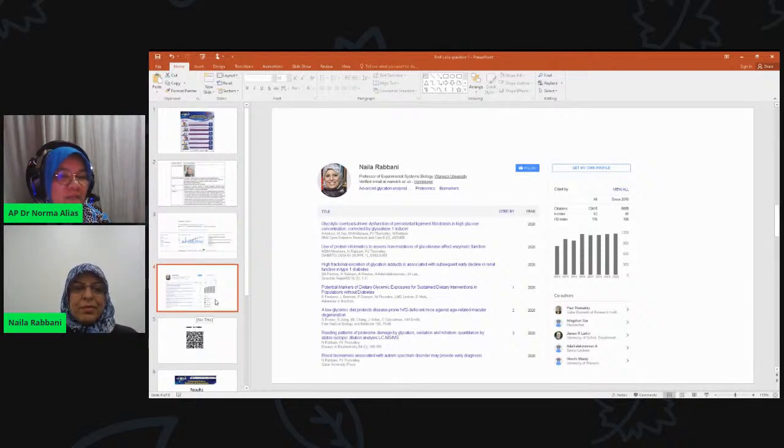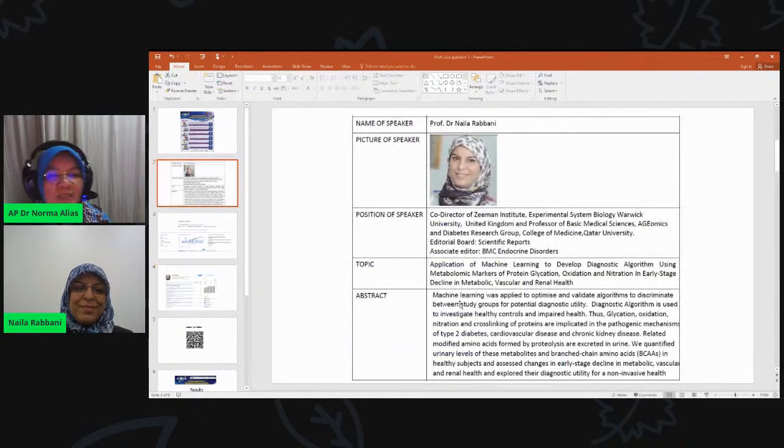We are very happy to share some knowledge on the title, as we mentioned before, about how mathematical modeling with machine learning or support vector machine optimizes the validation algorithm to discriminate based on diagnostic utilities.